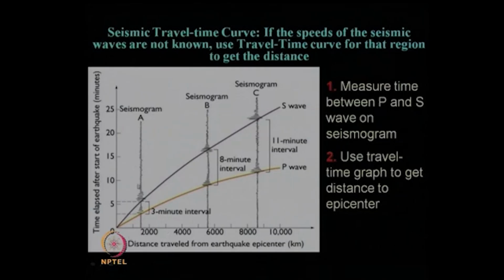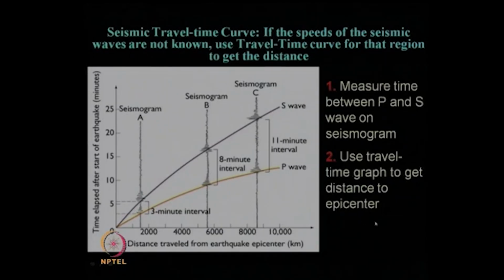So, it is a shifting or trial and error procedure by which, shifting these different lines on this curve, you can get the typical distance. What it says is, you have to measure the time between P and S wave on the various seismograms recorded all over the world, and use this travel time graph method to get the distance of the epicenter like this.